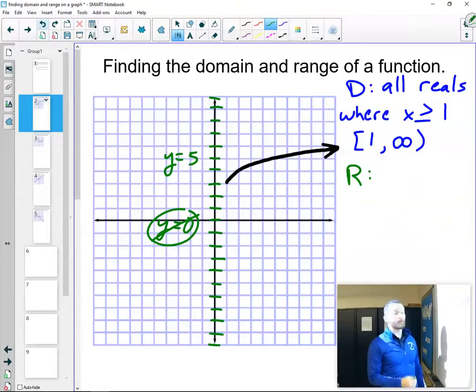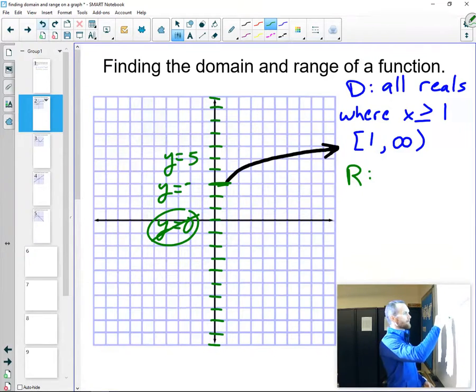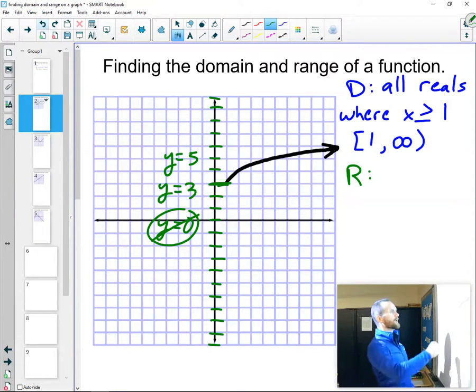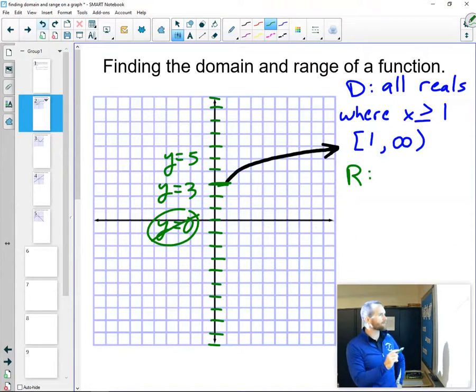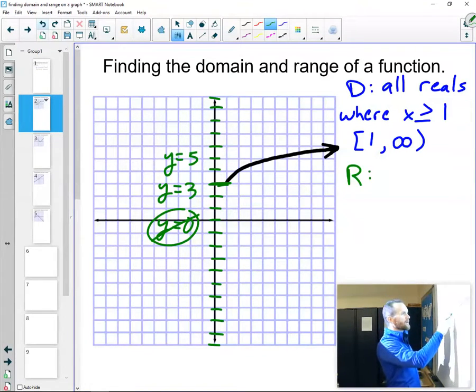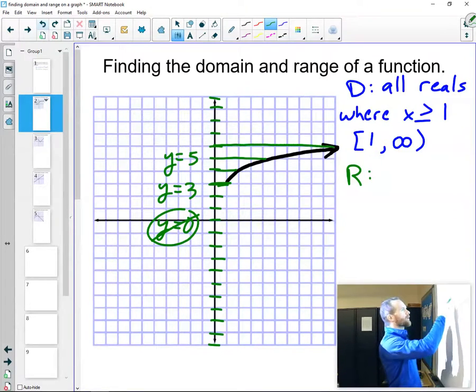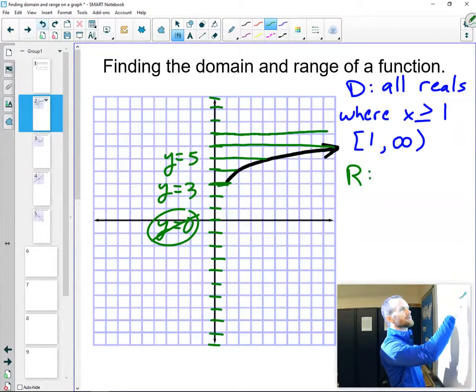So to do that, we've got to find the first range value that works, and that's right here. Y equals 1 to y equals 3. And if we look, it's y equals 3, and I guess this might confuse some students, so let's be careful here. So let's keep going. So y equals 3 works, y equals 4, y equals 5, y equals 6 looks like it works, but what happens at y equals 7?